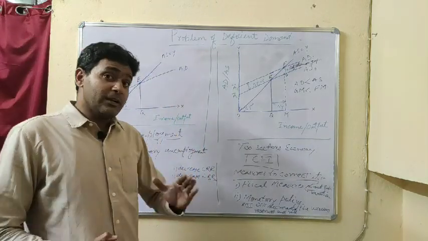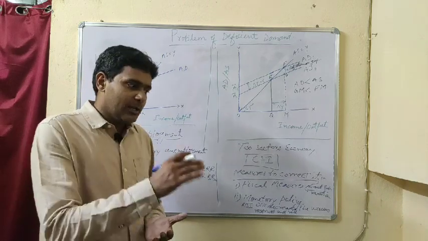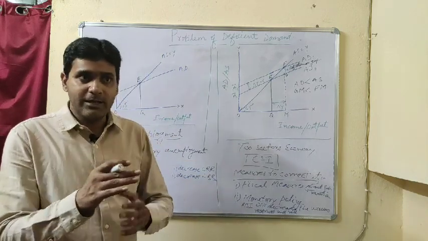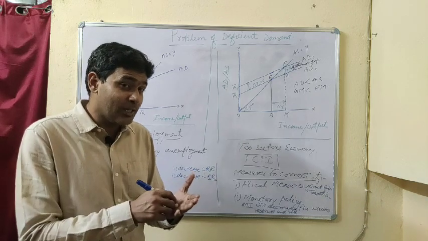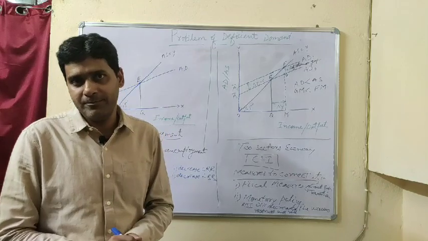So though we are discussing that the economy is in full employment equilibrium where aggregate demand and aggregate supply intersect each other, that point may or may not be the full employment level.